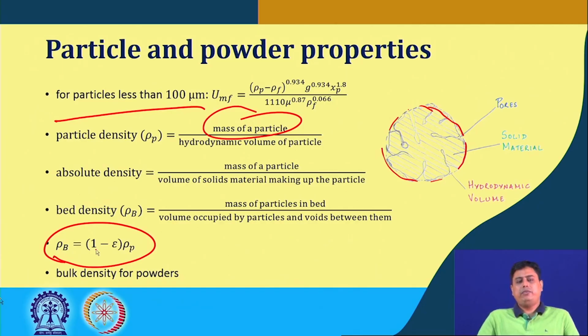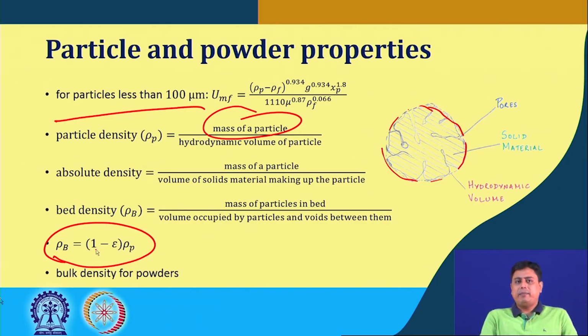So, we will be frequently using these names from now onward: in fluidization, what the particle density is, and what the bed density is, which is equivalent to bulk density for powders.